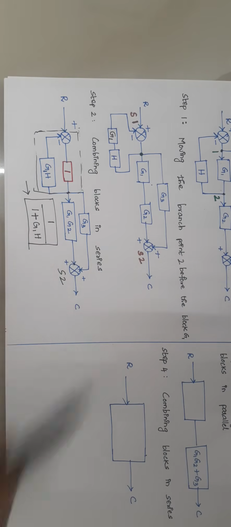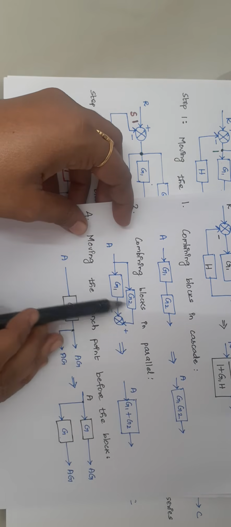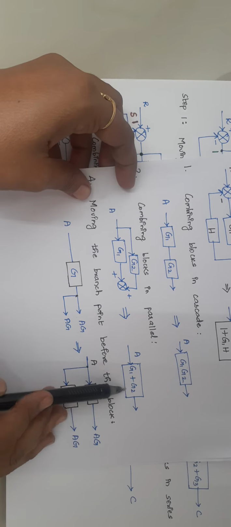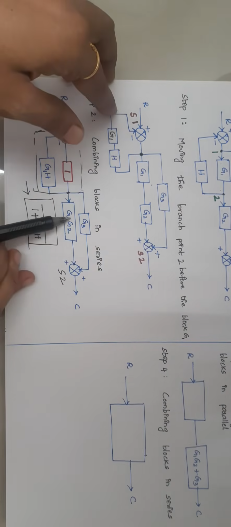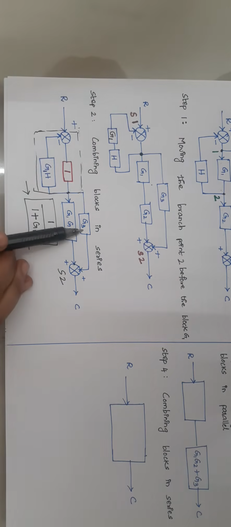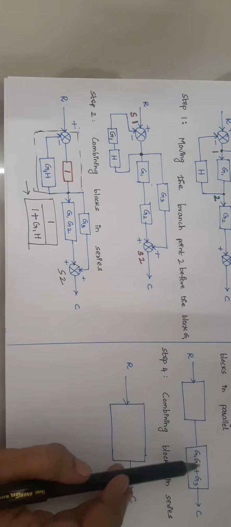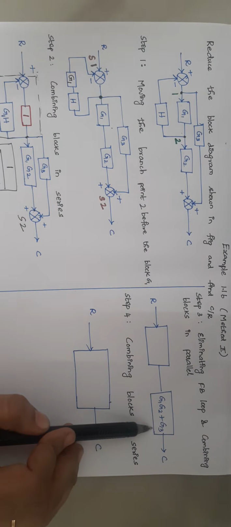Whenever blocks are in parallel, we use our rule number 2: we just add the elements inside the blocks. So here I have G1, G2 and another one G3. When you add these two elements, you will get G1, G2 plus G3, right?